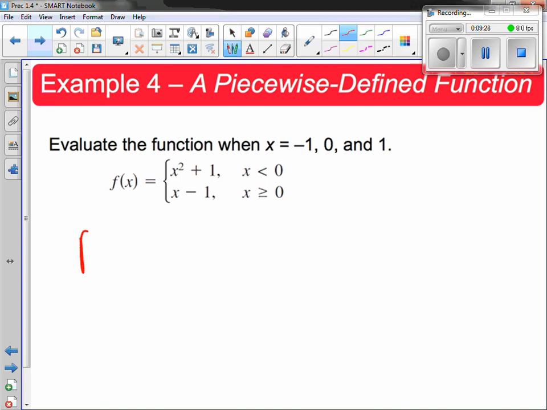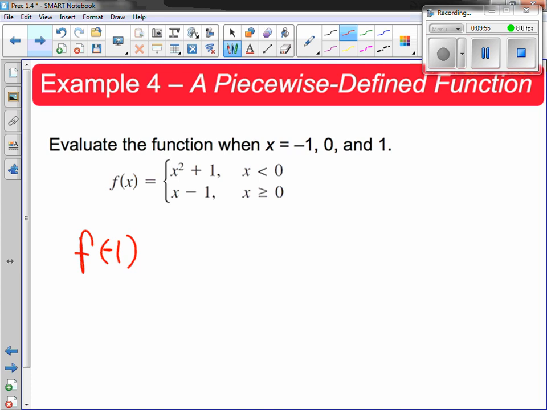So if we said f of negative 1 is what we're going to do first. Is negative 1 less than 0 or greater than or equal to 0? Less than 0. So this statement right here is true, yes? With a piecewise function, we use the equation that's attached to it. Any value less than 0 is going to use this function here.